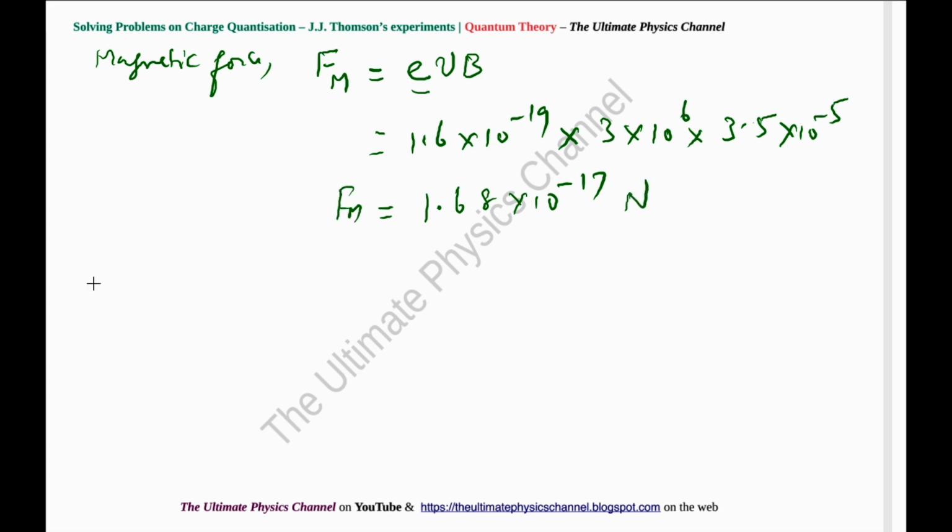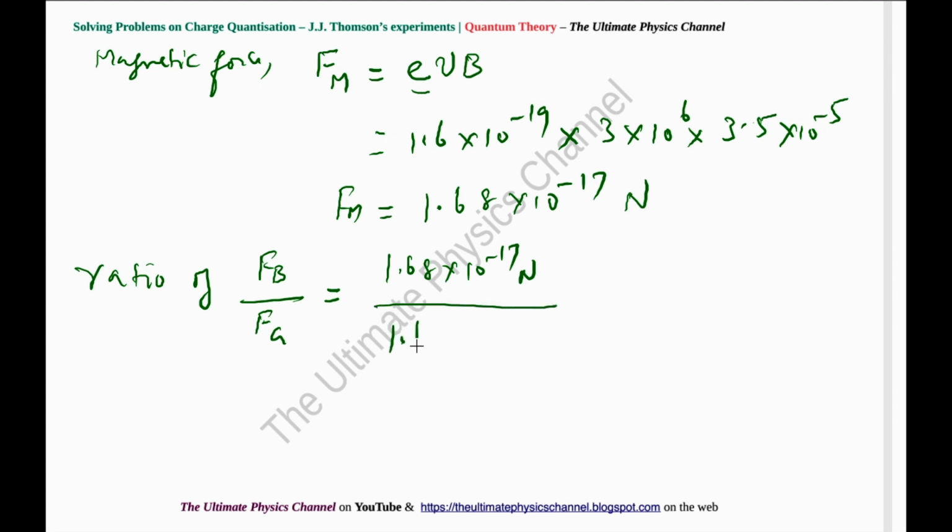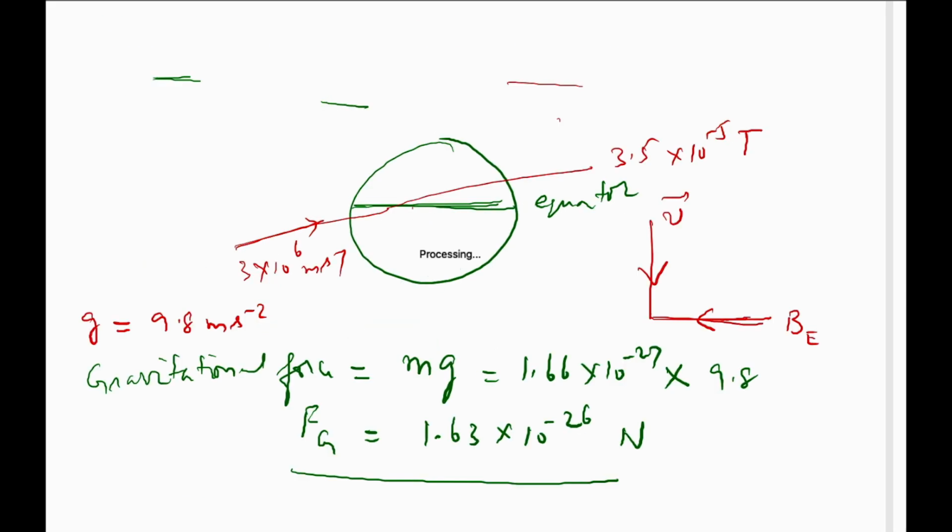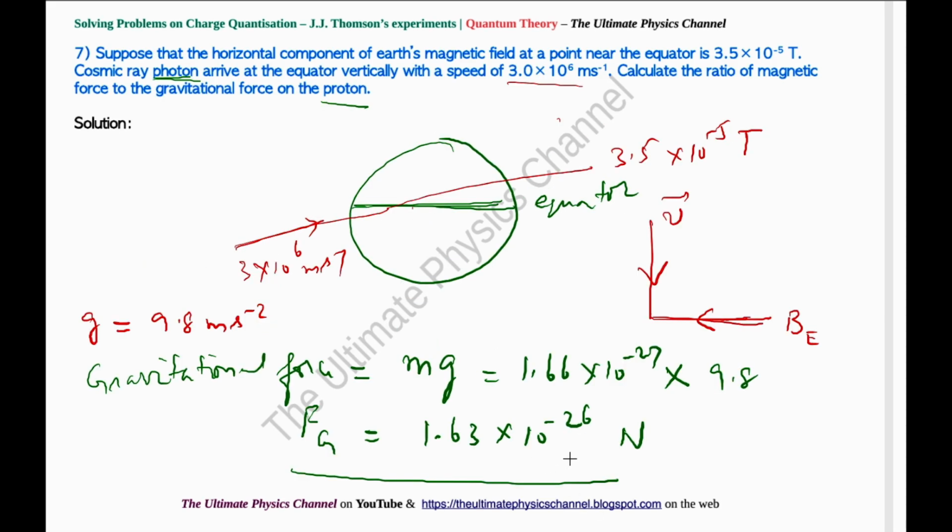Now the question is asking for the ratio of the magnetic force to the gravitational force. The magnetic force is 1.68 times 10 power minus 17 newtons, and the gravitational force we have calculated to be 1.63 times 10 power minus 26 newtons.